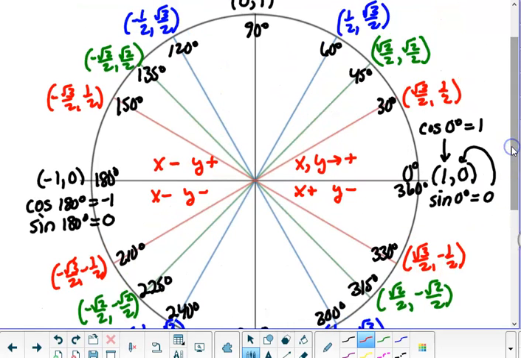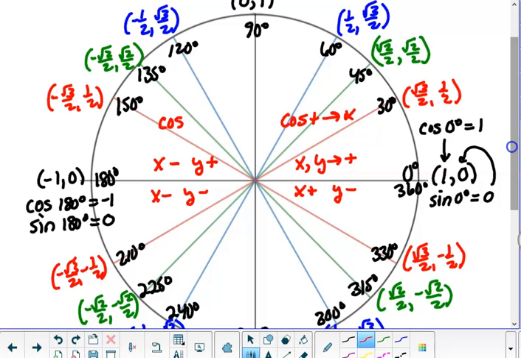So let's see what cosine is doing here. Cosine is positive because it goes with x.